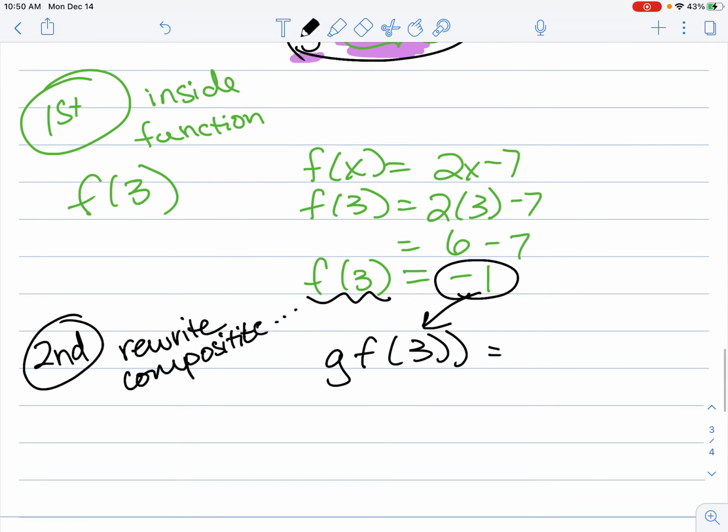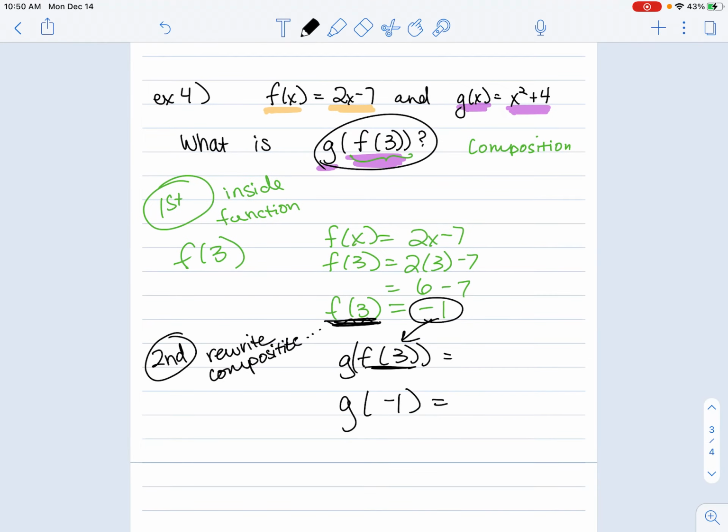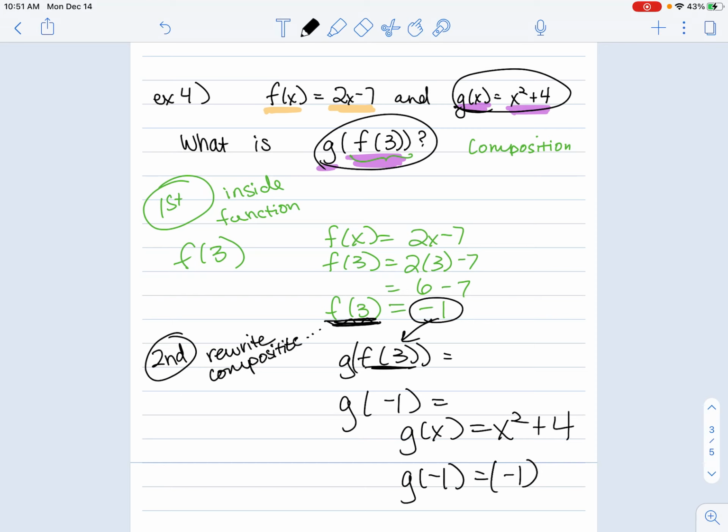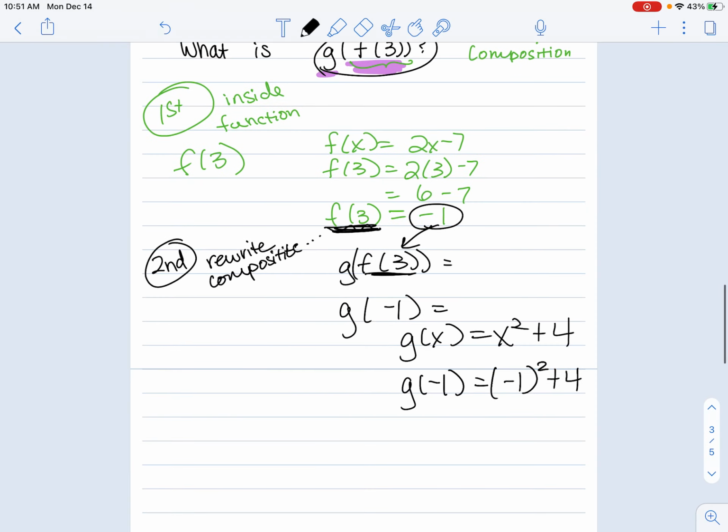So instead of g of f of 3, I'm going to say this is really like saying g of negative 1, because f of 3 really is negative 1. So what would I do to find g of negative 1? Okay, well, g here is really x squared plus 4. So g of negative 1 is negative 1 squared plus 4.